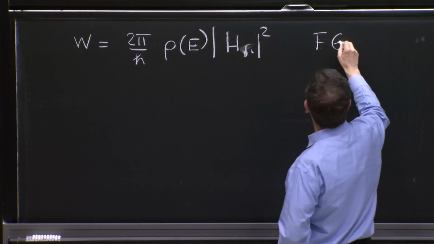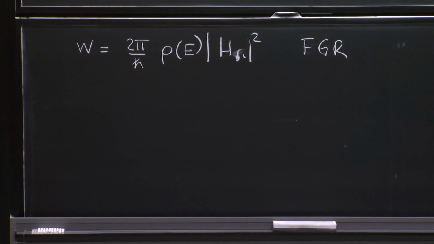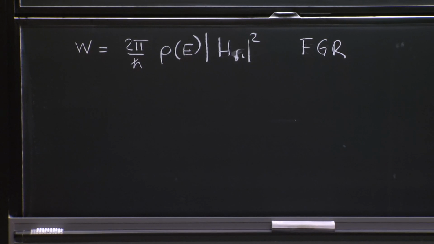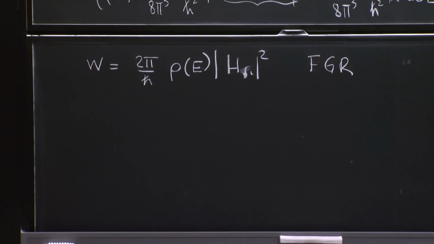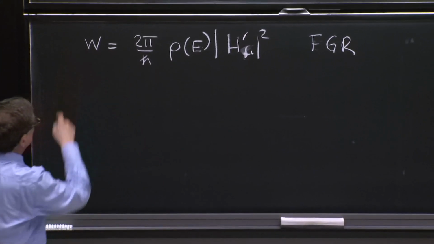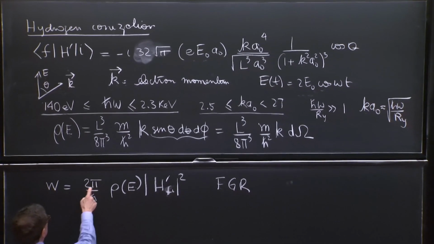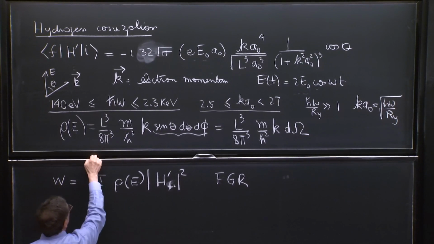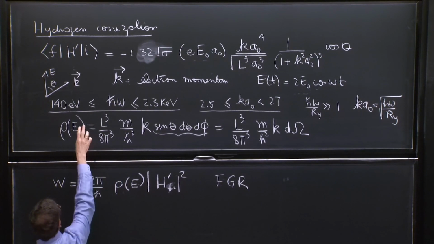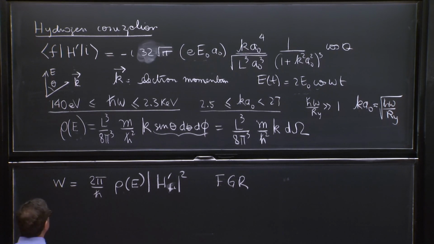So that's Fermi's golden rule, and this is what we want to apply. Well, we've calculated the matrix element, this would be H_fi prime here. That's what we have up there. We have rho. We have this quantity, 2 pi over h bar, which is just a constant. So we can simply plug this here, square that. And there's lots of h bars and things that I don't think you'll benefit if I go through them in front of your eyes. So I'll write the answer.